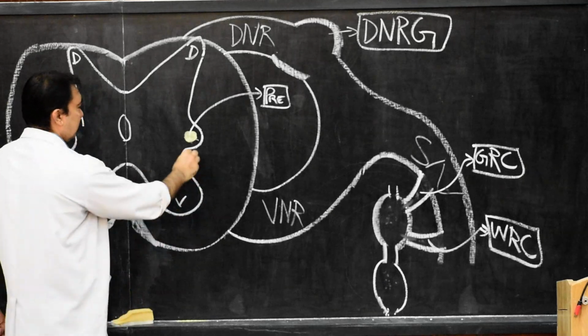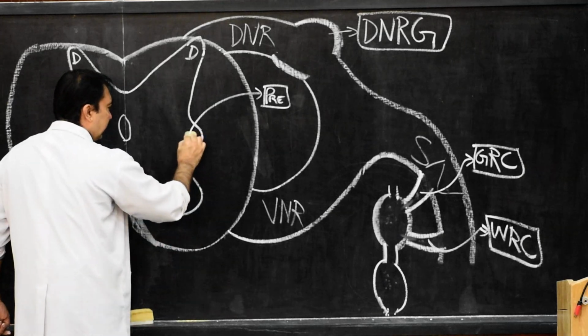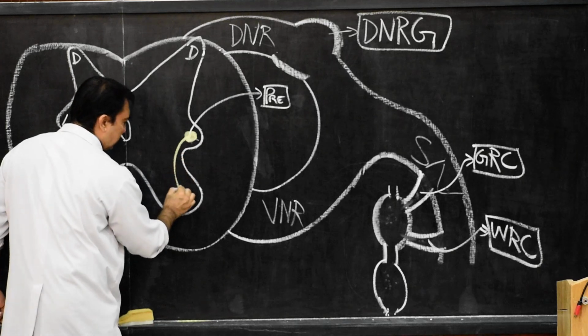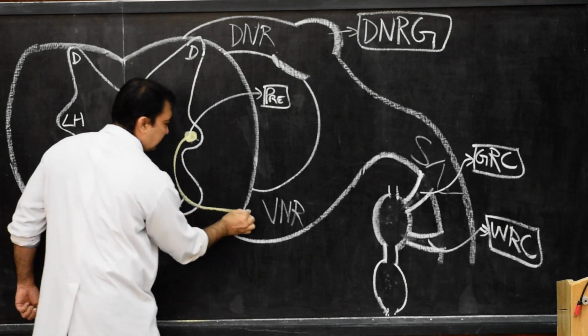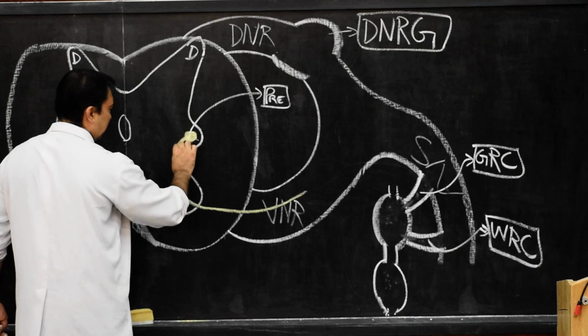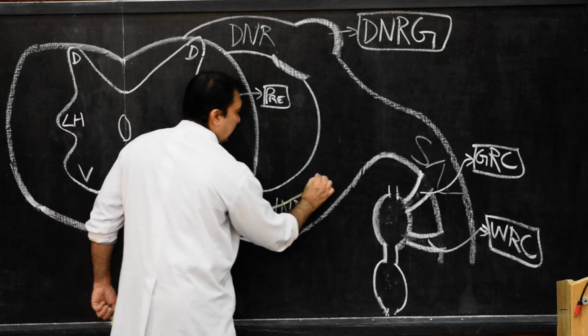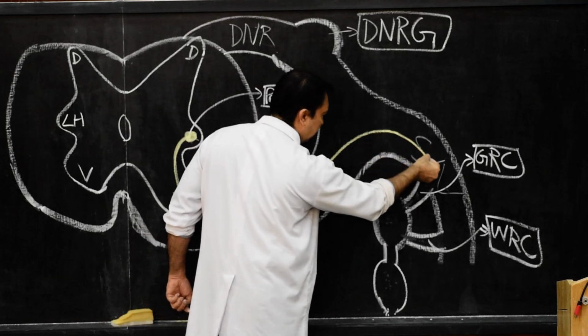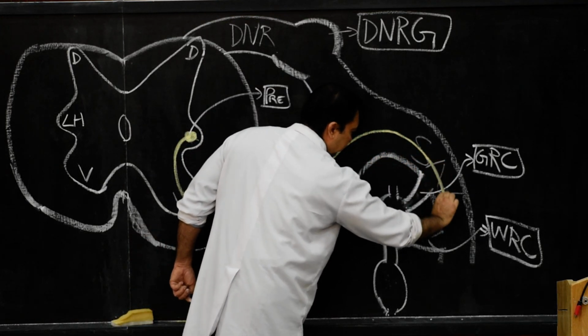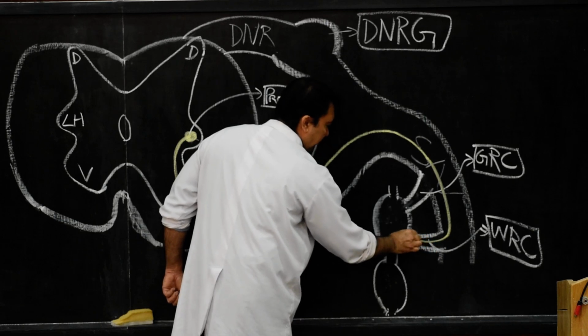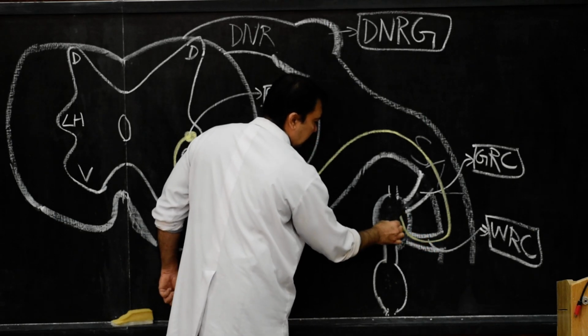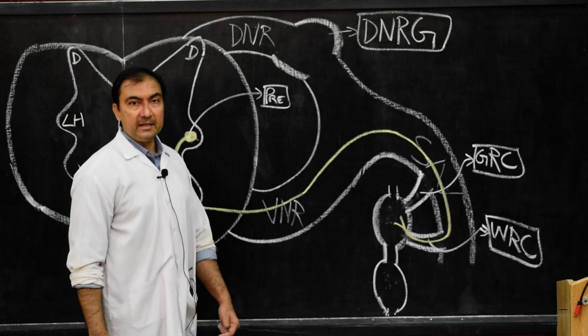Please draw alongside with me. The pathway of these preganglionic neurons will pass first through the ventral gray horn, then through this ventral nerve root, and then through the spinal nerve. Through the spinal nerve it will pass through the white ramus communicans into the lateral ganglia.